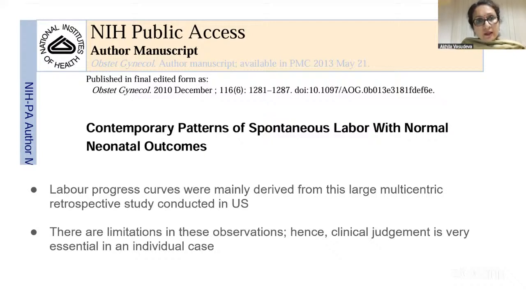That's the one thing which is very clear from this study, that only based on duration we should stop ourselves from intervention. That's what is meant by this study. However, if you go in depth into this study, there are several limitations in these observations. So I still urge all obstetricians to use clinical judgment, which is very, very essential in individual case scenario.